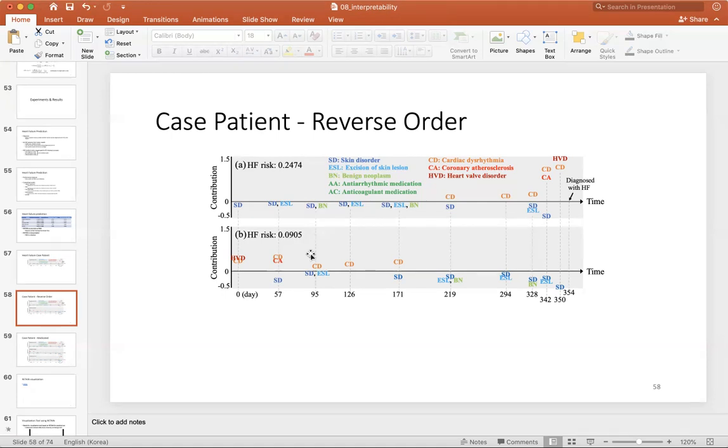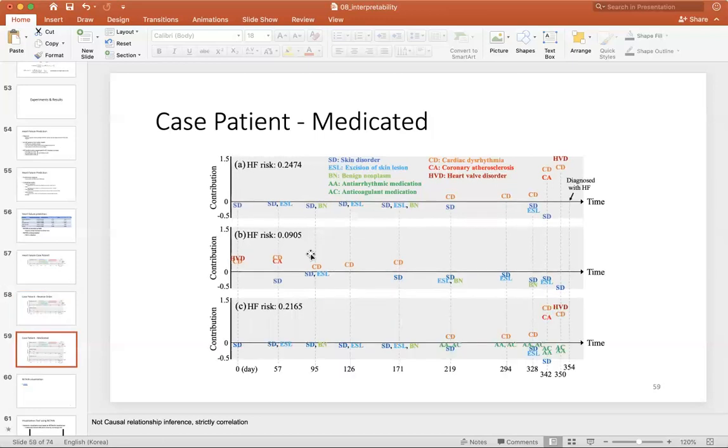So it does truly show that RETAIN takes into account the temporal information, the order of events, which is not the case in logistic regression, where you just sum everything up. And the last bit is more of an exploratory thing. When the patient started to develop heart-related conditions, I intentionally added 2 medication codes, antiarrhythmic medication and anticoagulant medication, all to do with dealing with heart conditions.